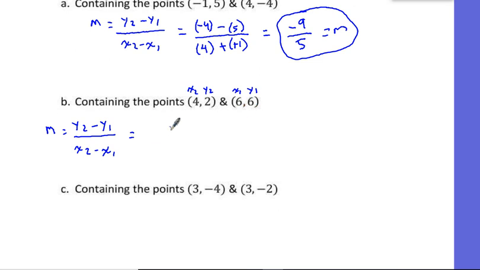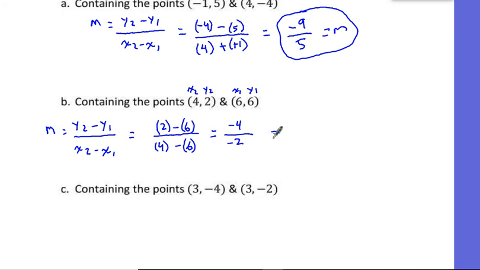So as we follow this process now, substituting into the formula, y2 is 2 minus y1, 6, divided by x2, 4, minus x1, 6. 2 minus 6 is negative 4. 4 minus 6 is negative 2.